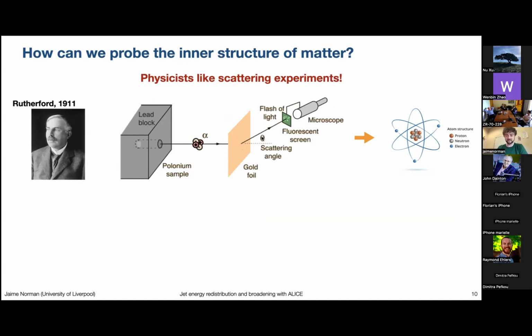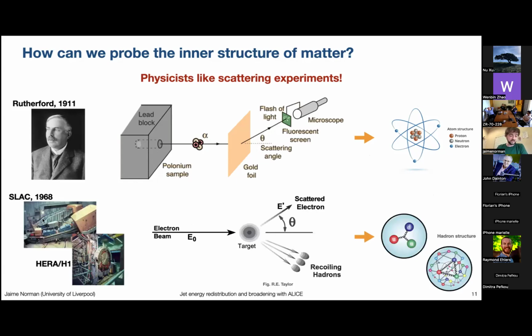Through this experiment, he determined that the atomic structure consisted of a concentrated point of positively charged protons and neutrons, where most of the mass was contained, surrounded by negatively charged electrons. Out of this experiment came all of nuclear physics, particle physics, and our understanding of the fundamental building blocks of our universe.